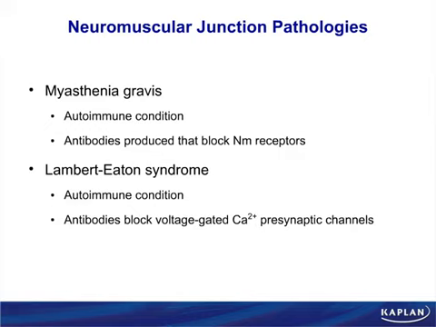At the neuromuscular junction, these antibodies are blocking the voltage-gated calcium channels on the presynaptic membrane. If I'm blocking that calcium, that means less calcium coming in and less neurotransmitter release. Once again, these patients tend to be hyporeflexic and weak because I need that calcium to release acetylcholine.